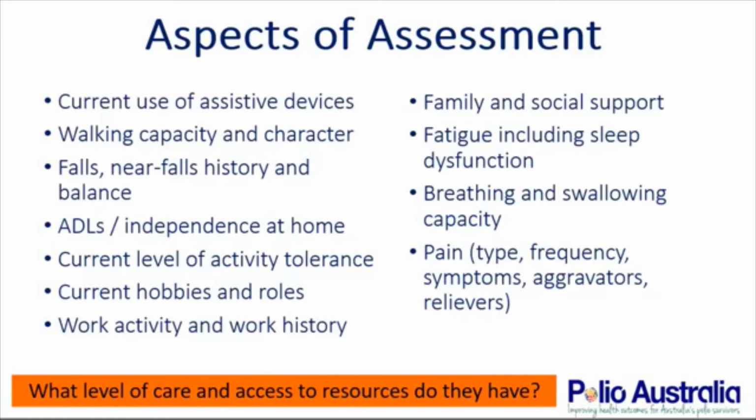So with open-ended questions, if we look at falls, near falls history and balance, ADLs, independence, it's a great place to open the conversation, open the assessment. It really leads down a lot of different avenues of function. We're going to take grocery shopping as a function, and we could easily ask a polio survivor, do you do your shopping independently?